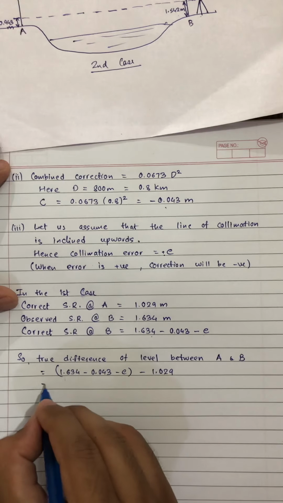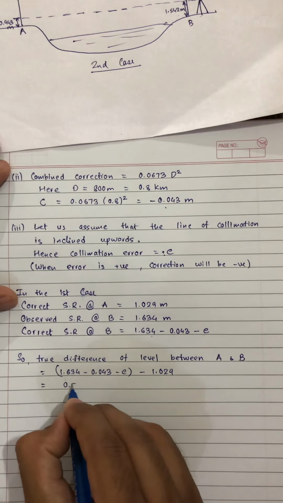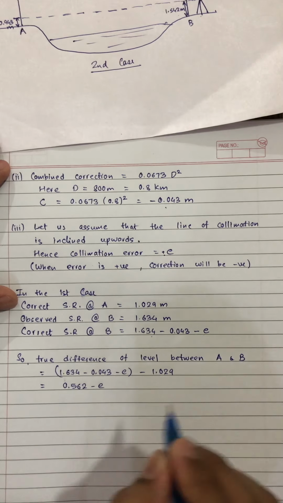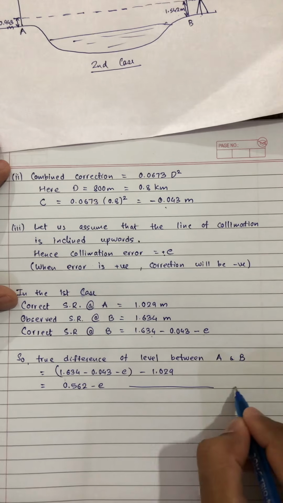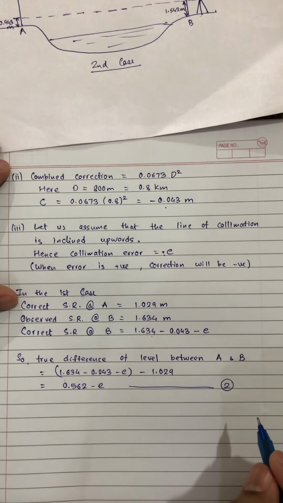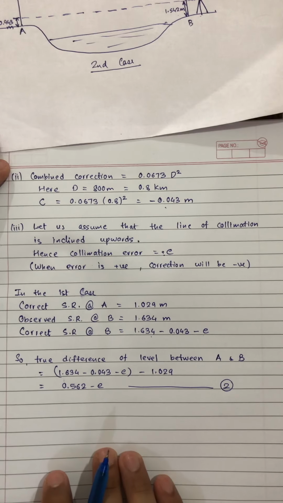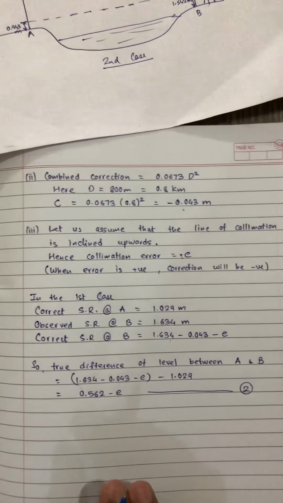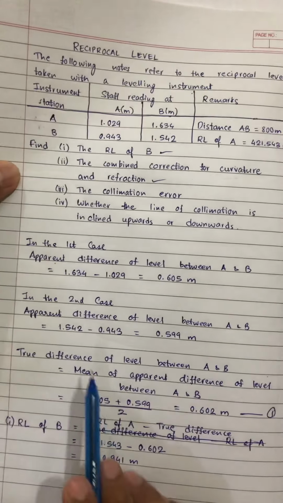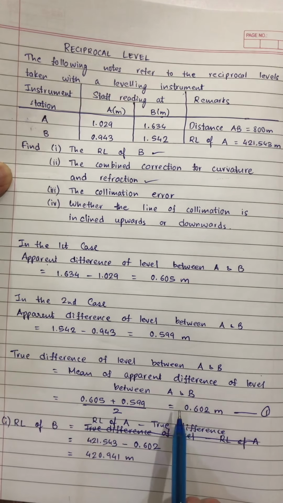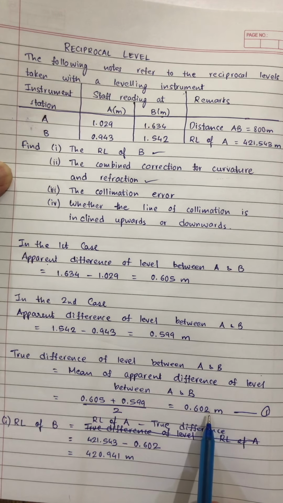On calculating, this value comes out to 0.562 minus E. Let us call this equation number 2. This is the true difference of level between A and B. Earlier, we also found the true difference of level between A and B as 0.602 meters.